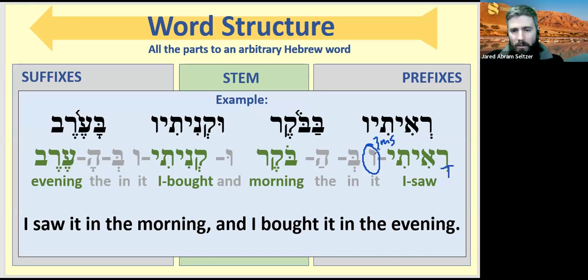I saw it, him. So when I go to look for the root and the pattern, I'm automatically going to cut away that suffix and focus on this here. Oh, look, the root is resh aleph yod with a T suffix, which says I did it.